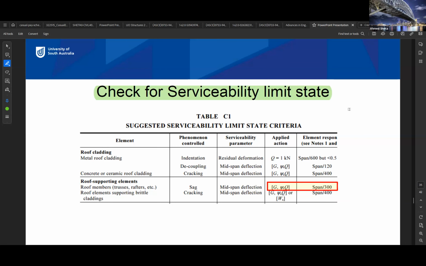So even if it is safe and will not collapse, you will feel unsafe because you see it very saggy. So we need to make sure that the beam is also safe for serviceability. So in this example, this is a roof beam. So you need to calculate the load combination for serviceability. What is the load combination for serviceability from this table?